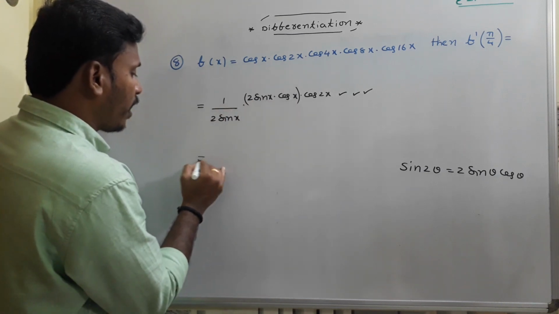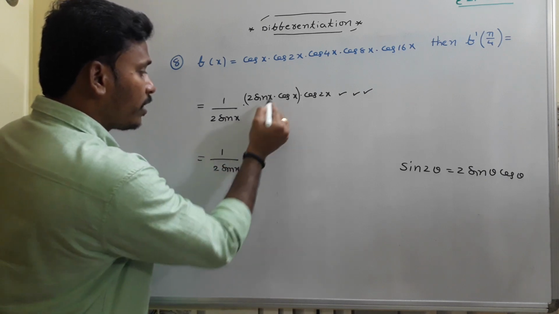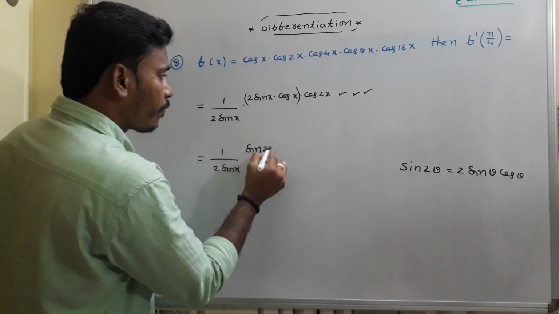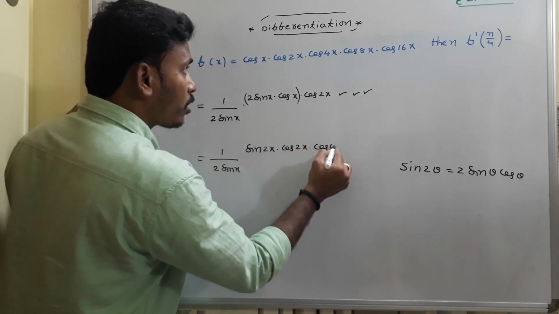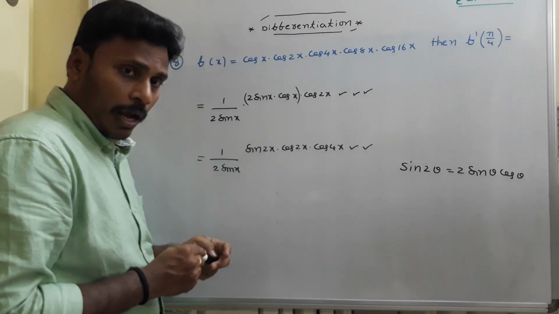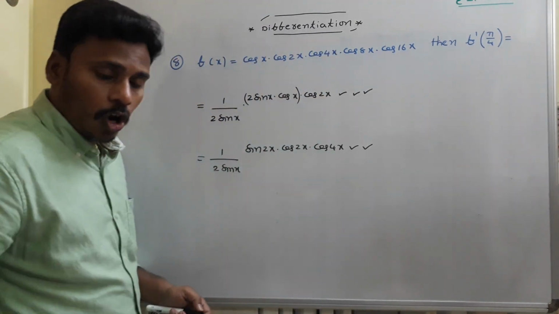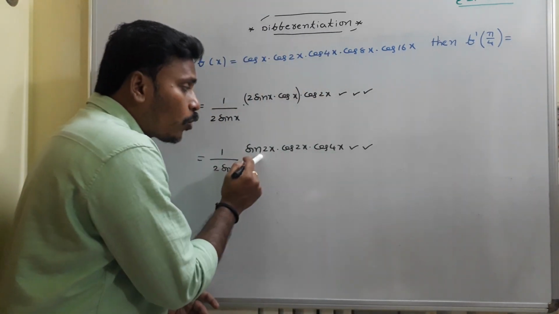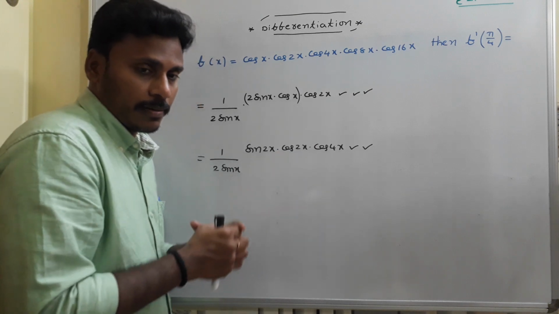So what will happen in the next step? We have 1 by 2 sin x here, and this is sin 2x, and the next term is cos 2x, the next term is cos 4x. So still we have 2 more terms. Now just look here, sin 2x into cos 2x. Sin 2x into cos 2x is again just like sin theta into cos theta.